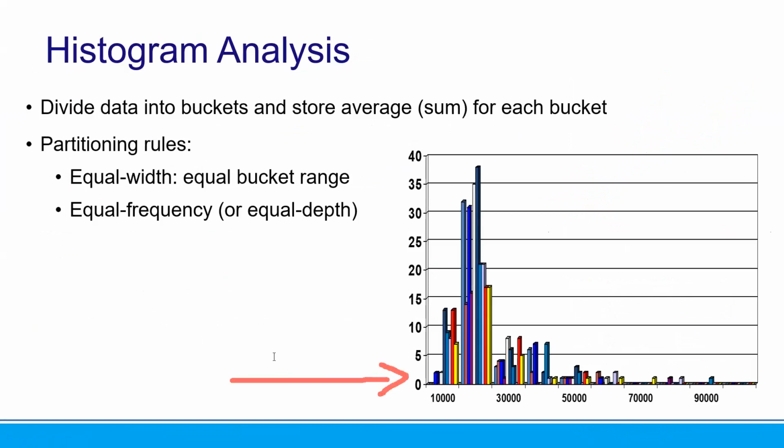The X will be numerical data, and the Y will be the frequency. So based on this number, I can see that for the range of numbers between 0 until 10,000, there is this frequency. The range from this one until this one, there is this frequency.